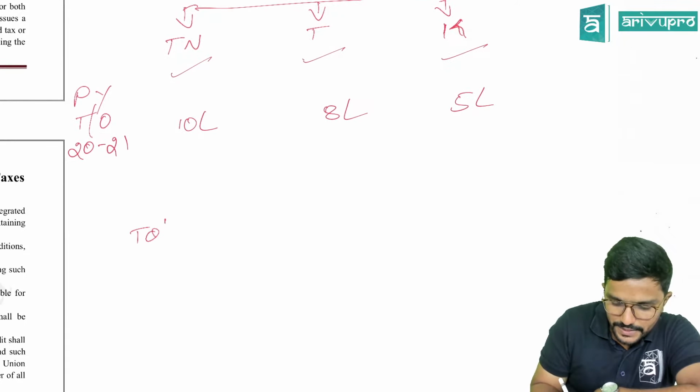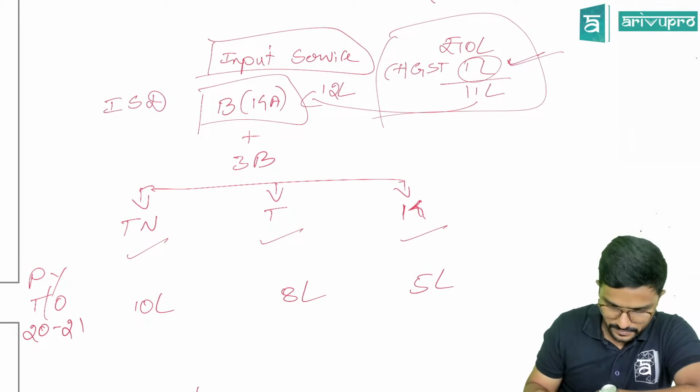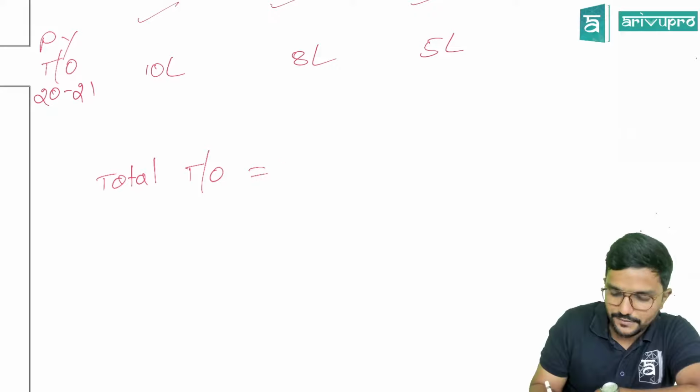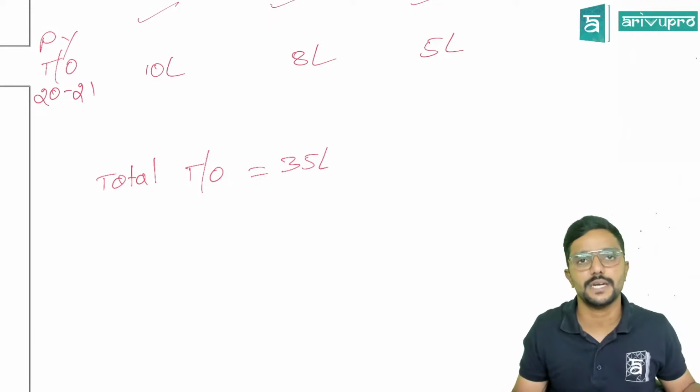What is the total turnover of all the branches put together? It is 12, 20, 30, 35. So the total turnover of all the beneficiary units is 35 lakh.